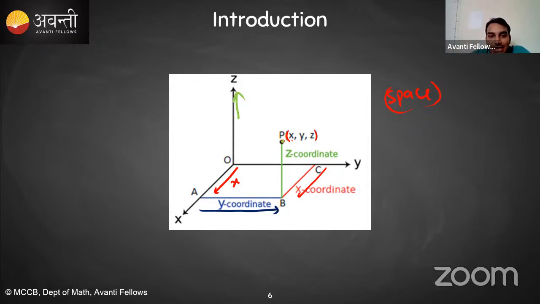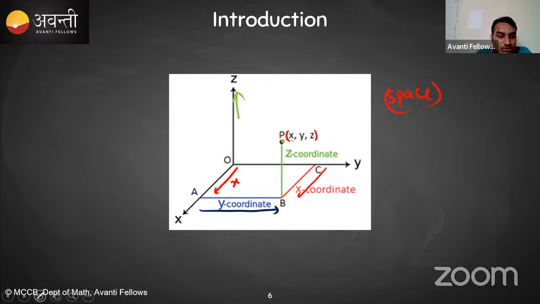Can anybody tell me in how many parts these axes will be dividing my space? Any guesses, students? Quickly let me know, everyone.